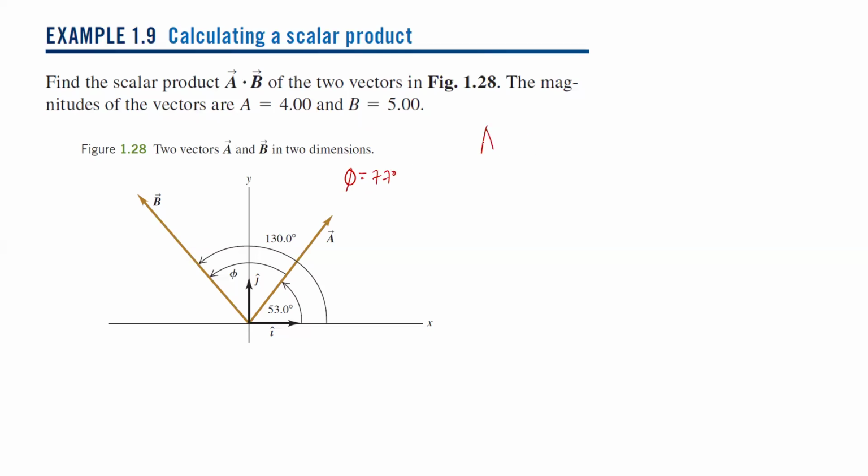So the scalar product, by definition, A dot B is equal to the magnitudes times the cosine of the angle between them.